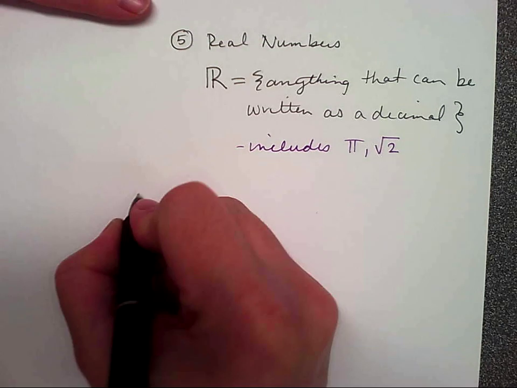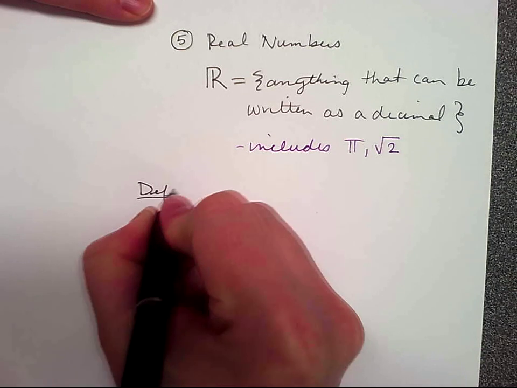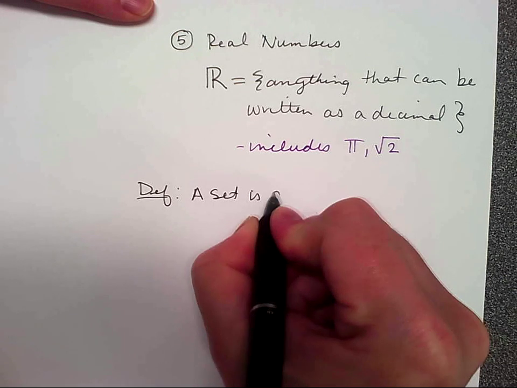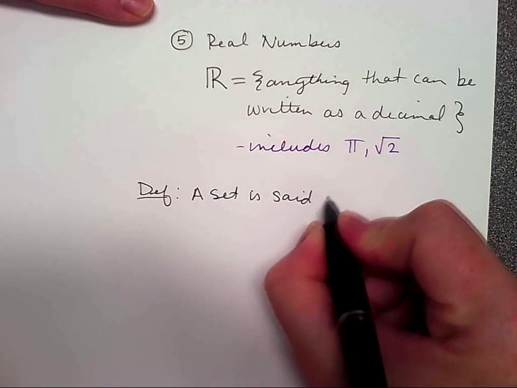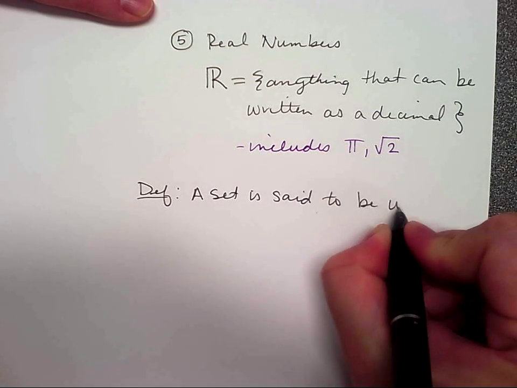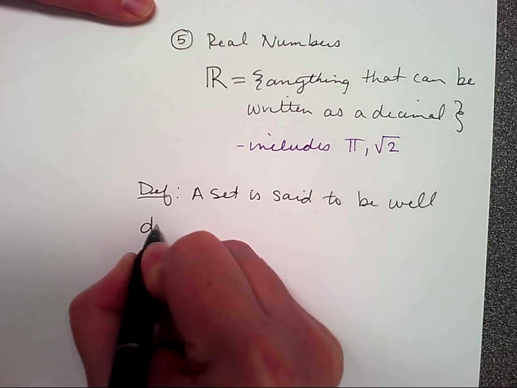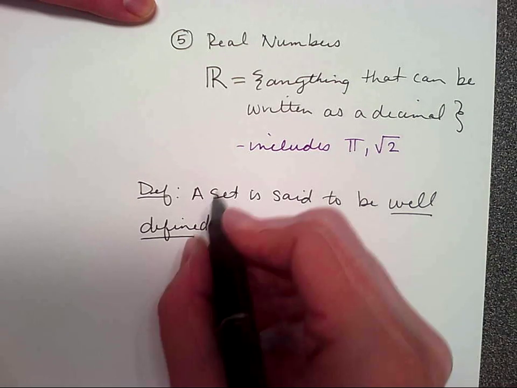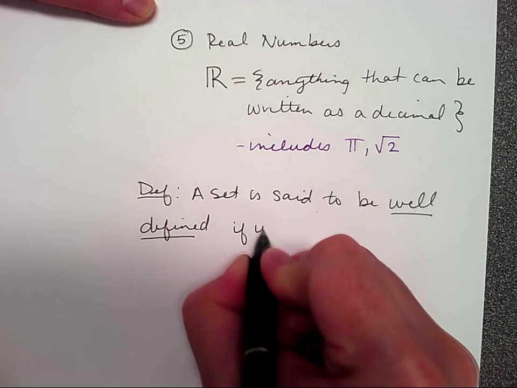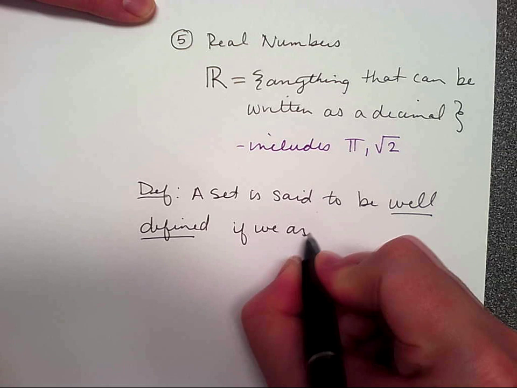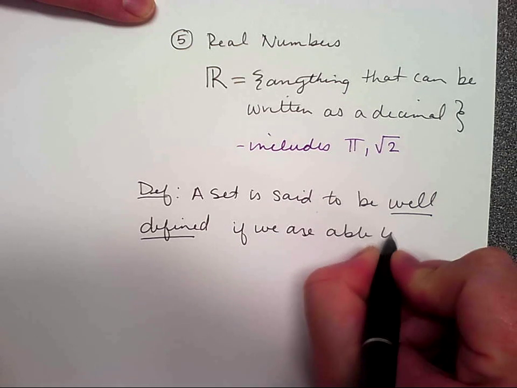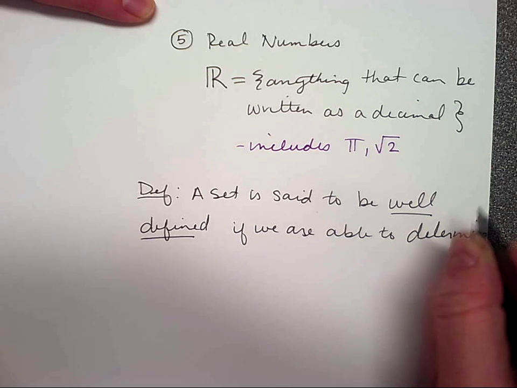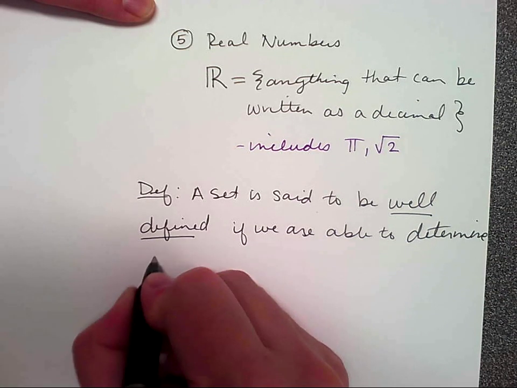All right, let's do a definition. A set is said to be well defined if we are able to determine its members.